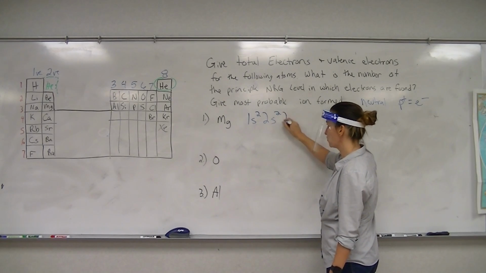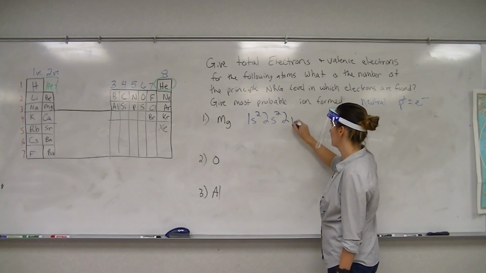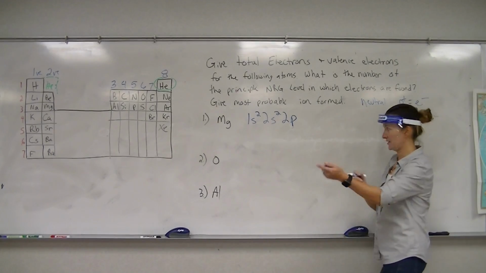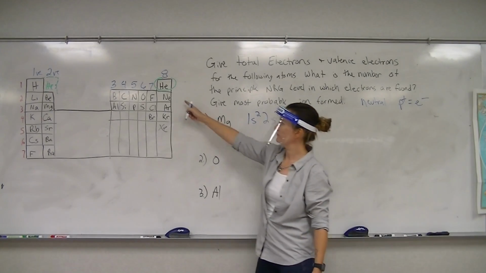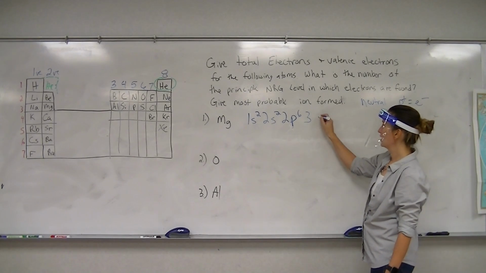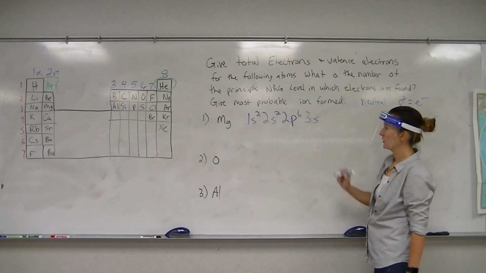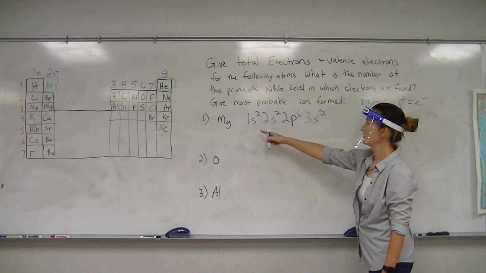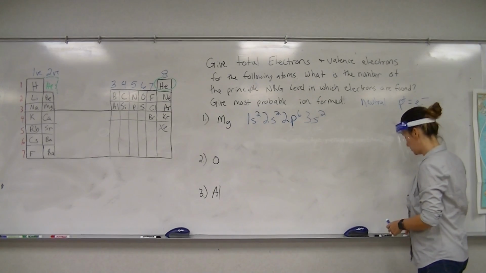And then 2p, we're still in row 2, and the max is 6. So we're at neon. Then we get to row 3. What do we hit first? 3s. And which one's magnesium? 3s2. So we're done. This is the electron configuration.